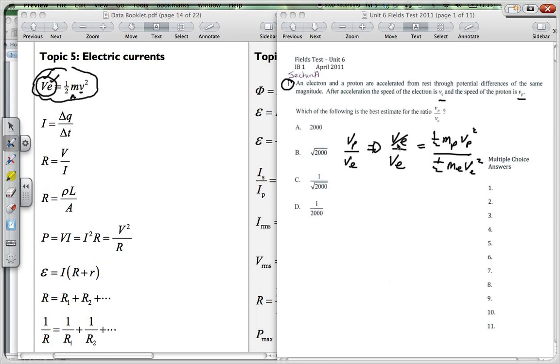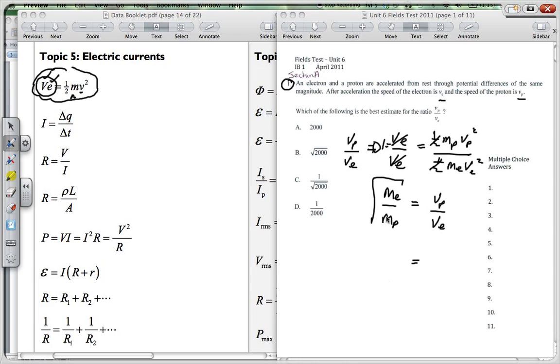Because these are equal, that's going to equal 1, and we'll have a half and a half. So we'll get our Vp to Ve. We're going to just cross multiply here, so we have mass of the electron over mass of the proton, and because we've got squares in both, we have to take the square root like that.